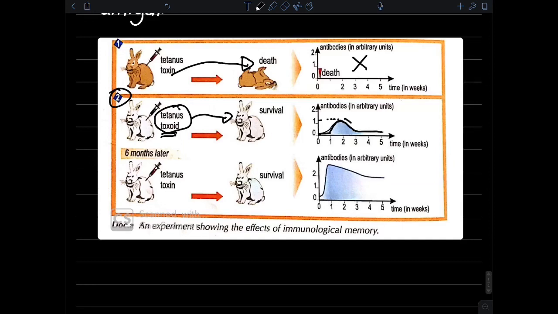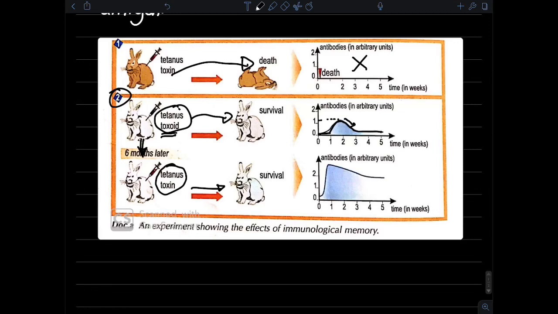Then it decreases again. This rabbit is injected another time after 6 months by tetanus toxin, which is fatal toxin. But we notice that the rabbit did not die, but it's still alive.